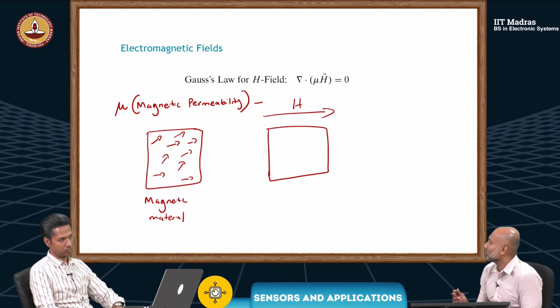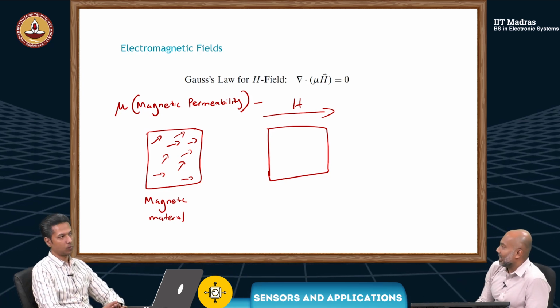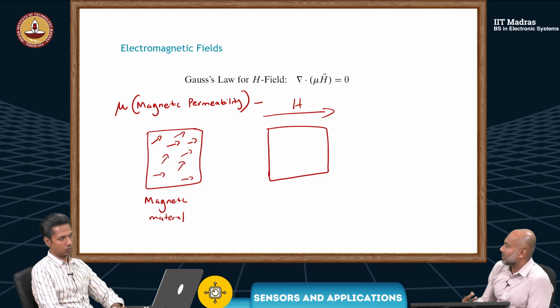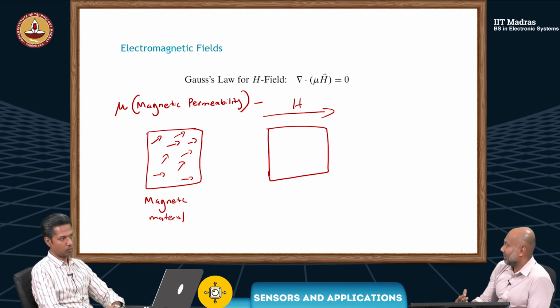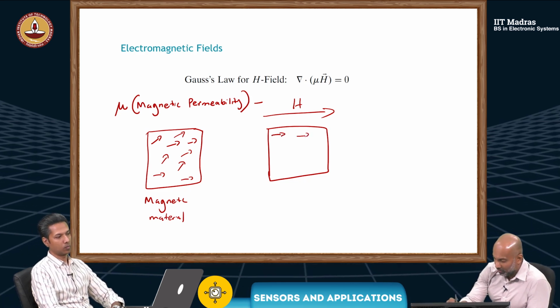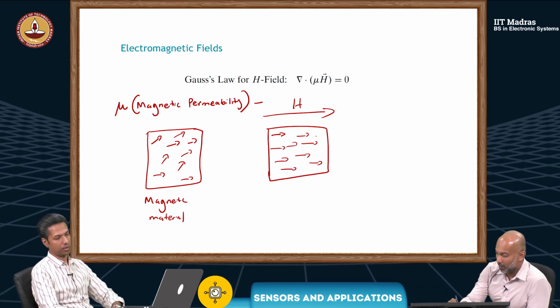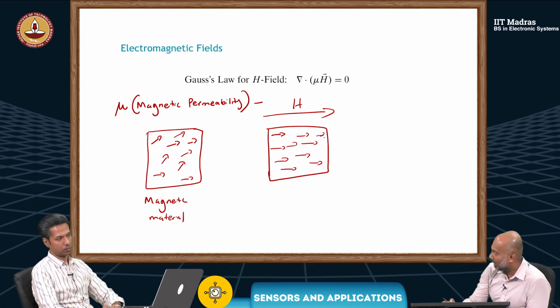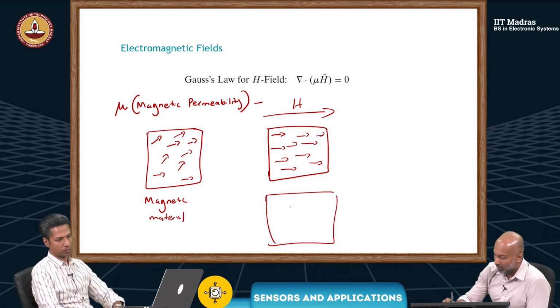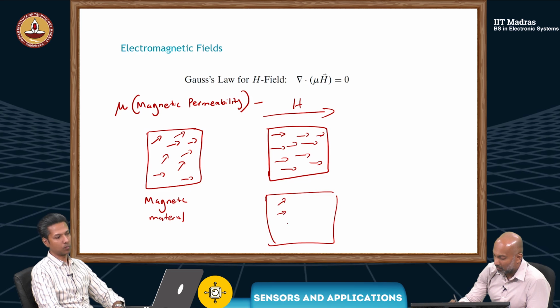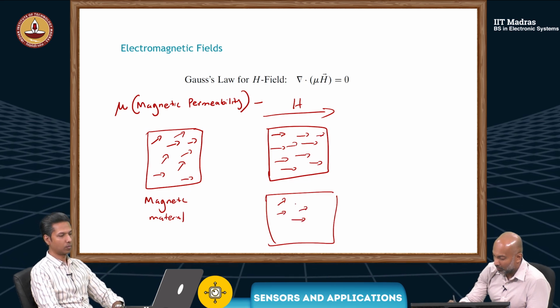Yes. Depending on the material, if its response to an applied field is high, most of these will align in the direction of the magnetic field. But if not, as you said, only some of them will align.